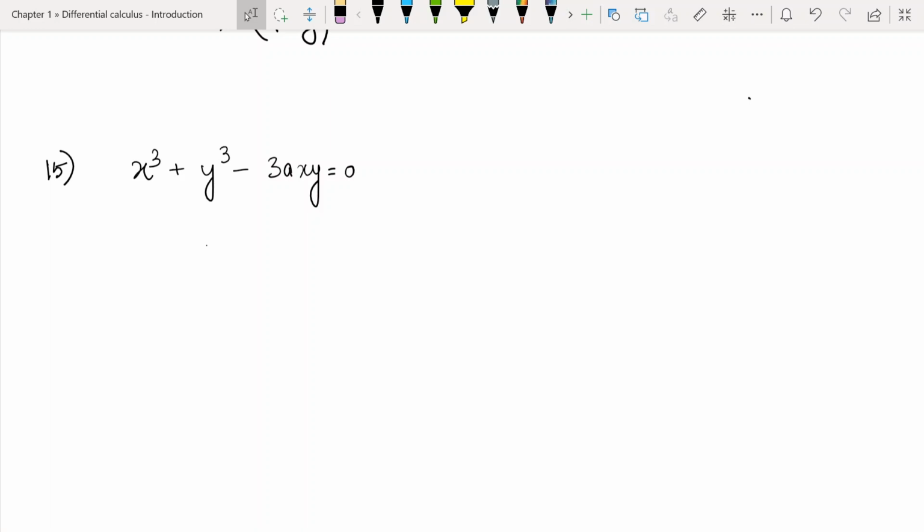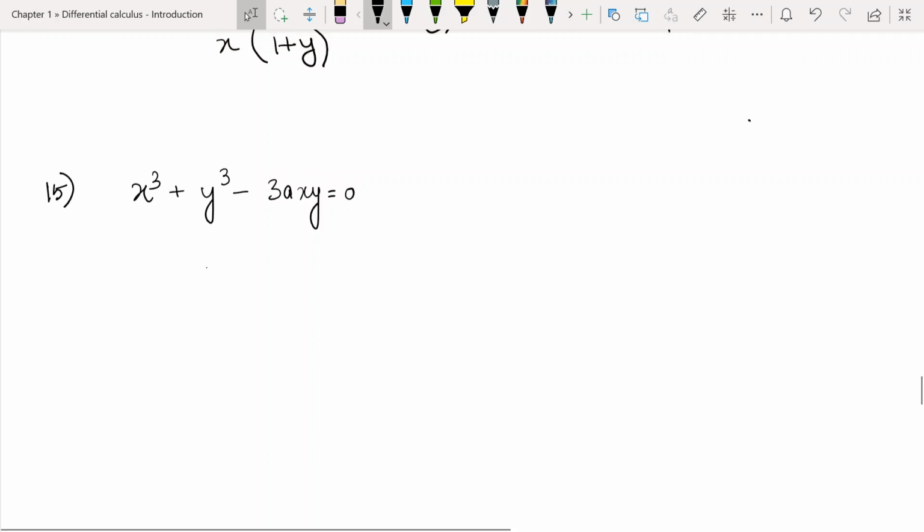Question number 15 is nothing but again a parametric function. Question is expecting you to find dy by dx. Okay, so remember x cube, y cube, 3axy, all the three terms. Let us differentiate as though three separate questions. X cube differentiation is 3x square.